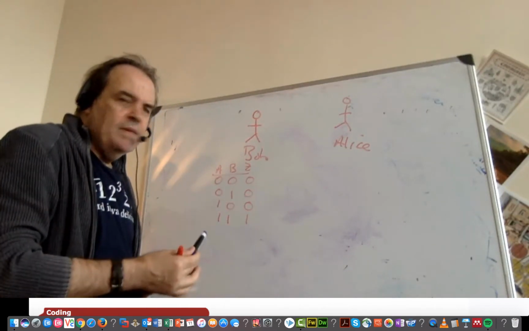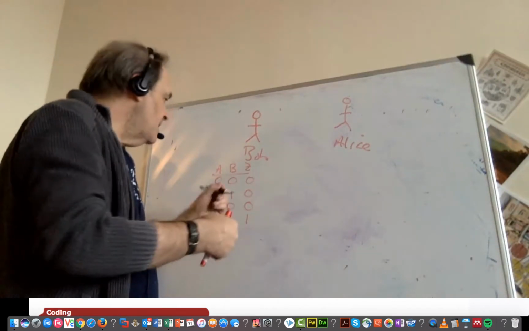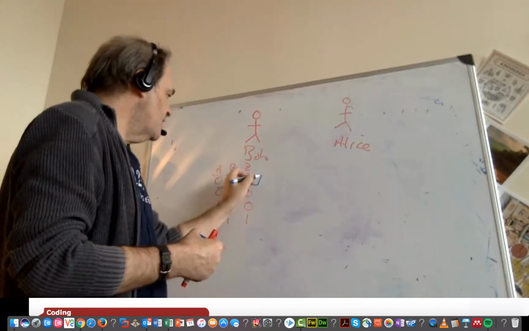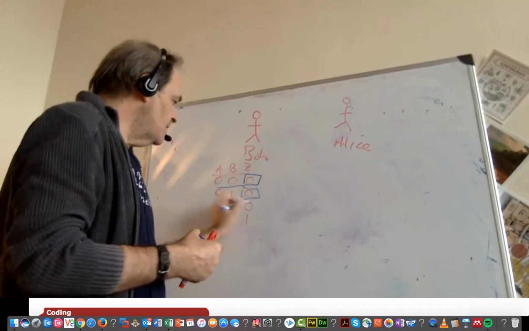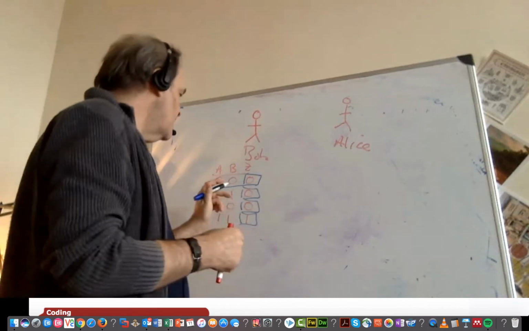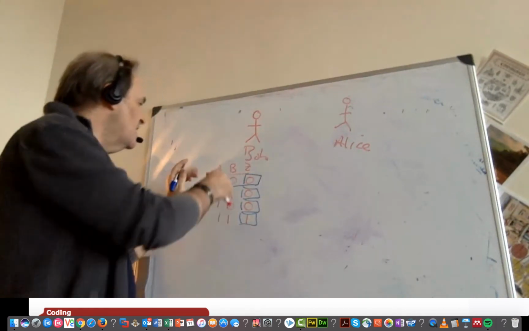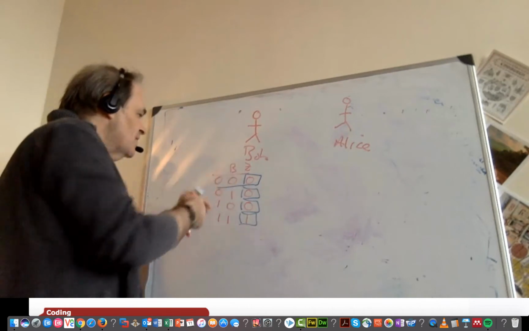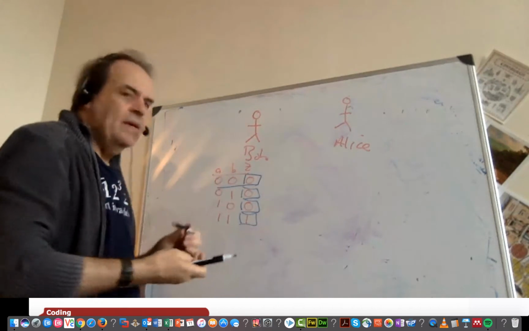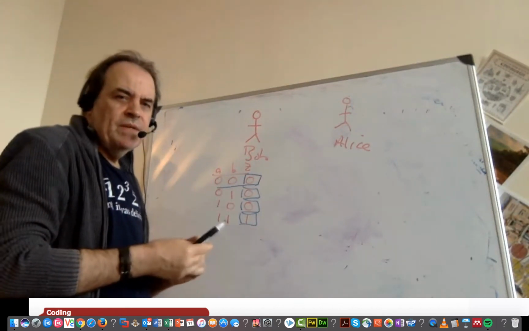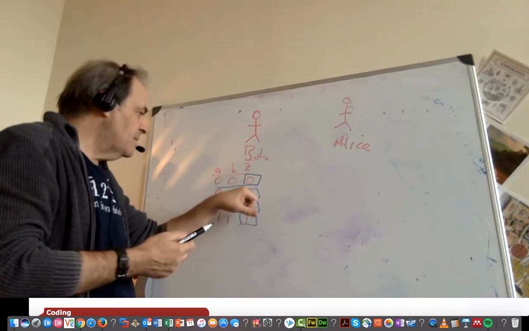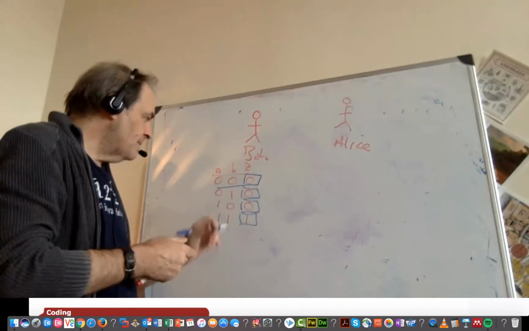So what Bob is going to do is encrypt each of these outputs with a key, with his key. So let's call this A here and B. We'll encrypt for this output, this output, this output, and then this one.